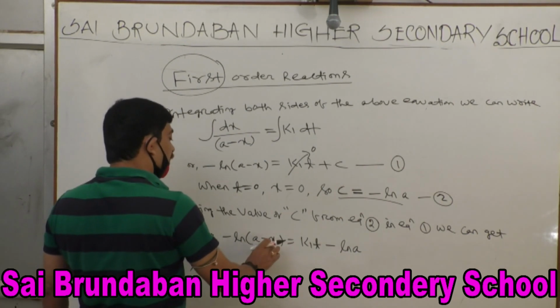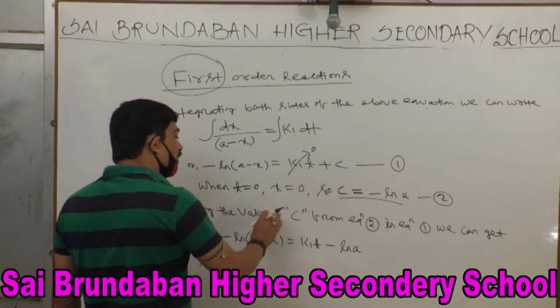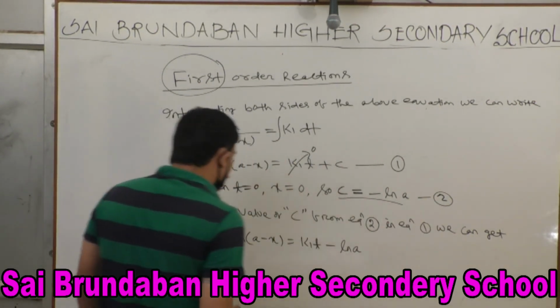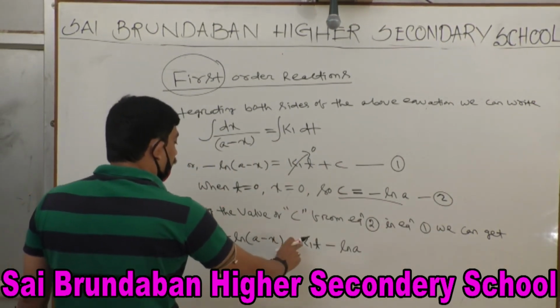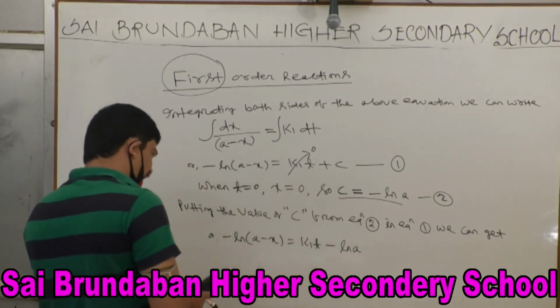So minus ln (A minus X) equal to K1 t minus ln A.